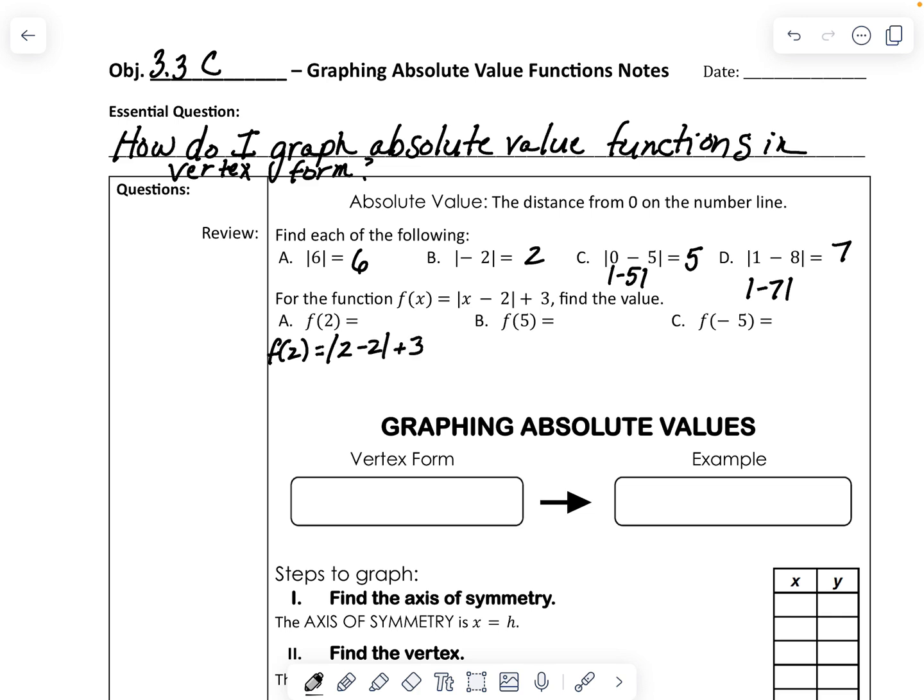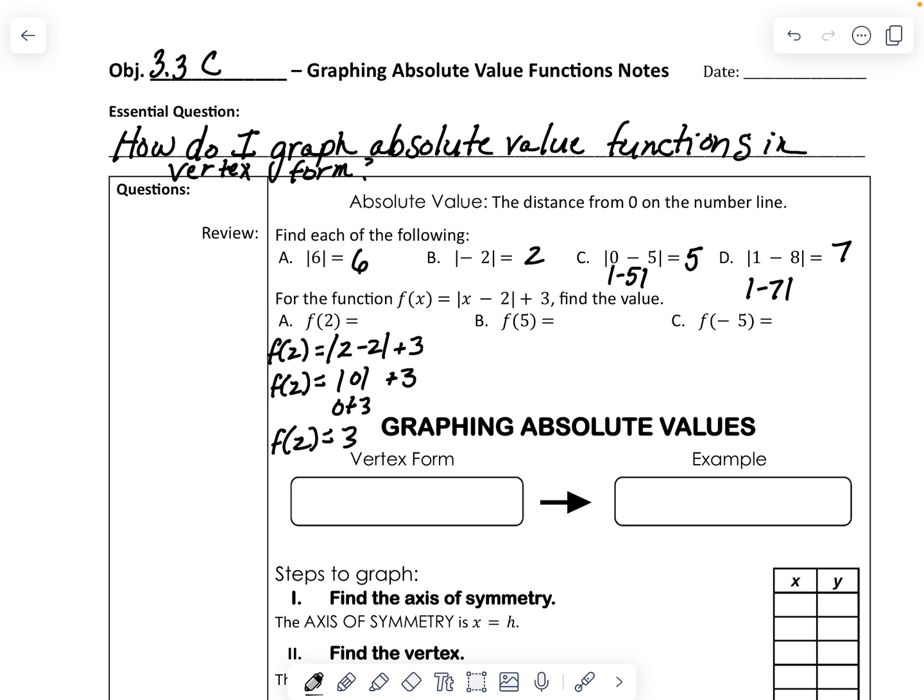So treat your absolute value like parentheses, because basically it's a grouping symbol. Okay, so think of absolute value like parentheses. So they're going to come first in your order of operations. So I need to do that first. Absolute value of 0 would be 0. 0 plus 3, and I'm going to get f of 2 equals 3.